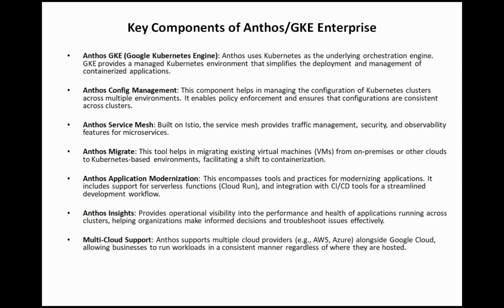Anthos Config Management, as I mentioned, helps manage the entire configuration of your Kubernetes clusters, which are spread across all the environments. You define the configuration in a single place, and I was mentioning Git as the single source of truth, and that will be published across all the environments.